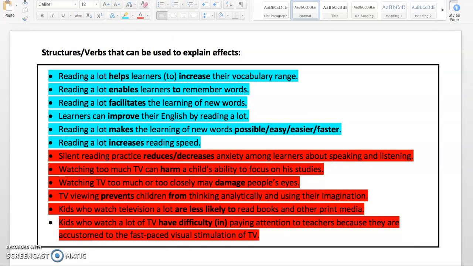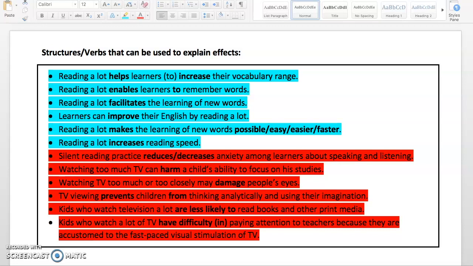Now we're on page 7. There's a table here. It has some structures and verbs that you can use to explain effects. I categorized them. You see some of them are blue.